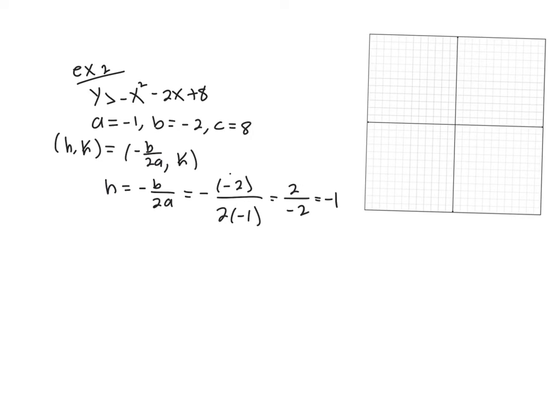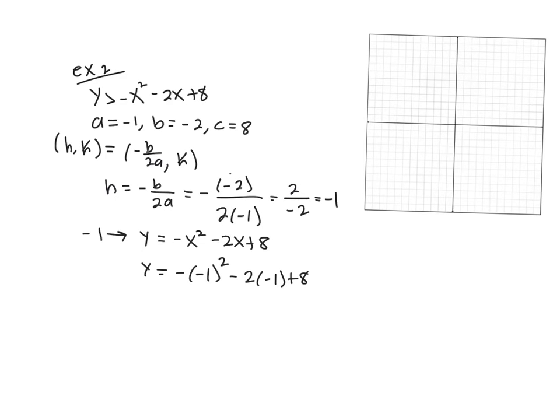If I want to find my K value, I'm going to put negative 1 back into my equation, but we're going to use the inequality sign for shading purposes. So I've got y equals negative times negative 1 squared minus 2 times negative 1 plus 8.